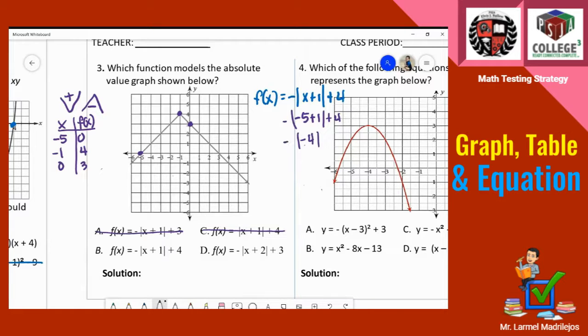The absolute value of negative 4 is 4, but there's a negative, so it's negative 4. So I'm going to bring this down, plus 4 equals 0. They said with negative 5, it matches this. That's good. Okay, let's verify the next one.